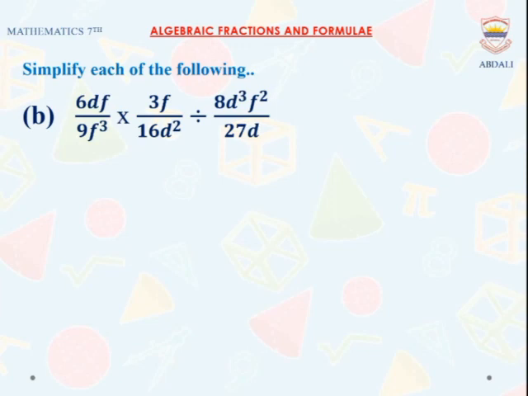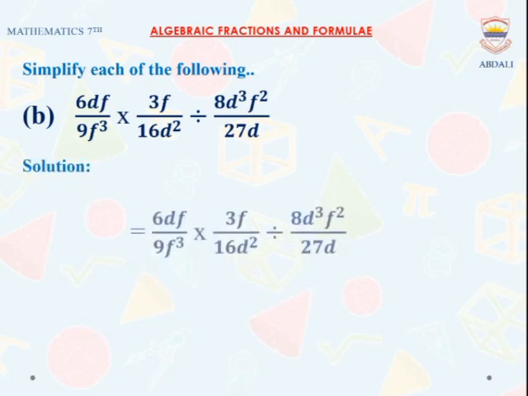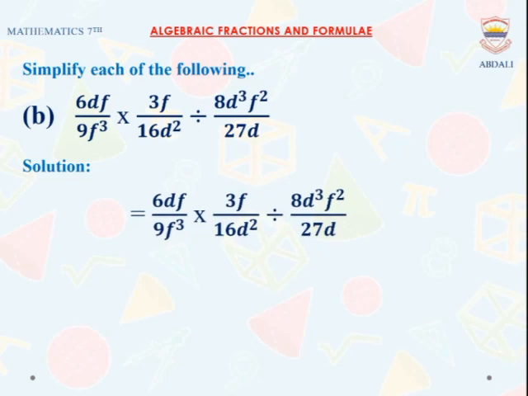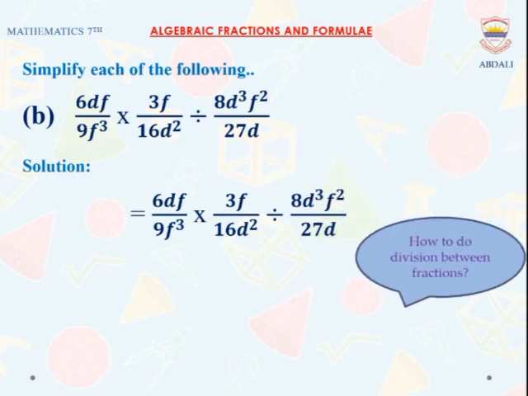So let's start the solution. Firstly, we will rewrite our question as it is, and then we can see that here is a division between fractions. So the question will arise: how to do division between fractions?